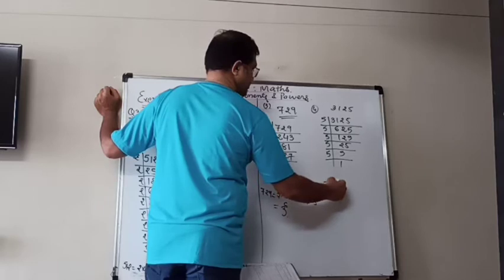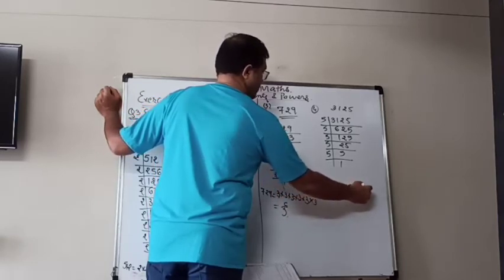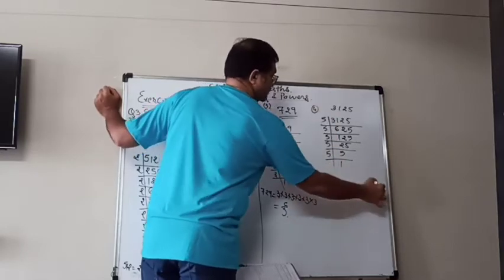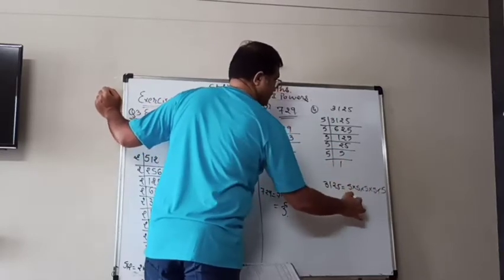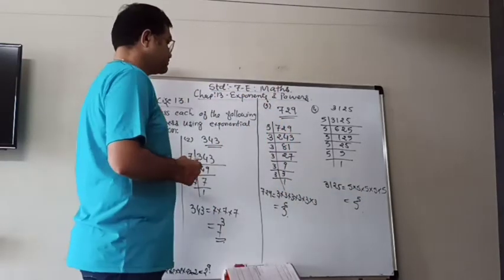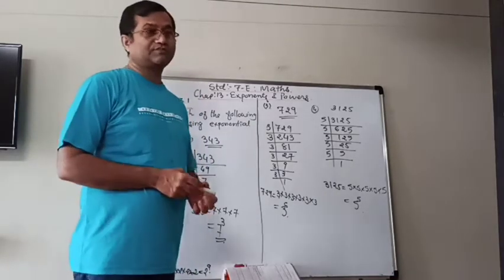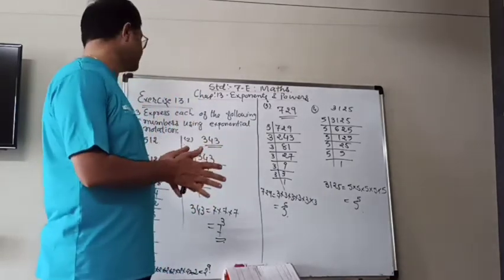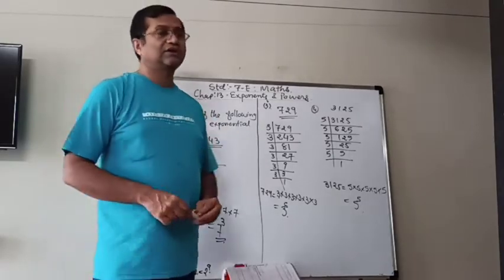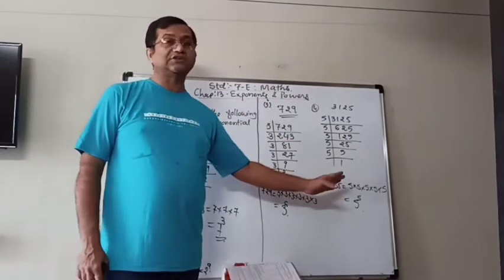So 3125 is equal to 5 into 5 into 5 into 5 into 5, that is 5 times. So we can write 5 raised to the power 5. So when we want to express numbers in exponential notation, the prime factorization is necessary, and by this method you can write them in this form.